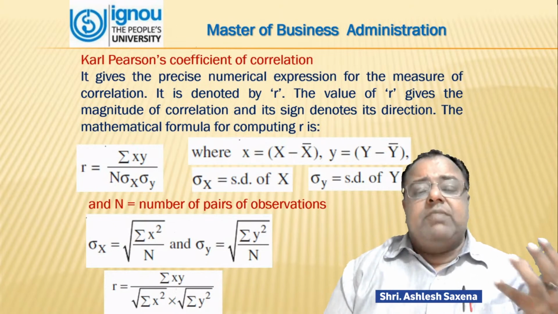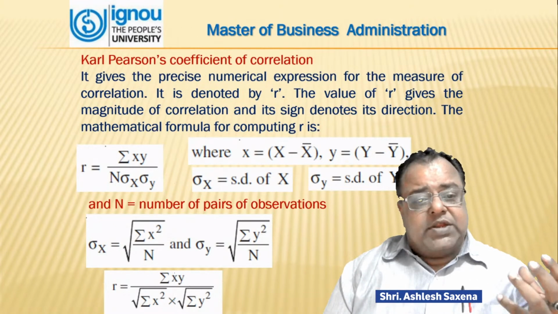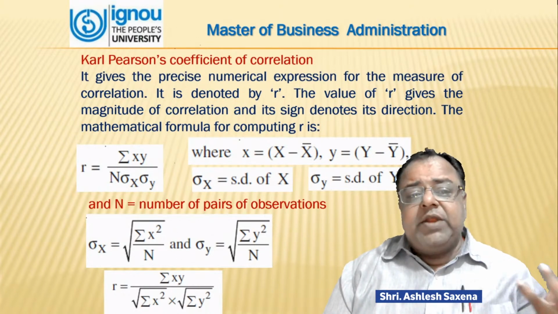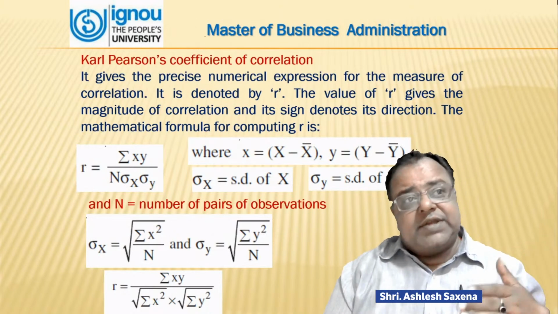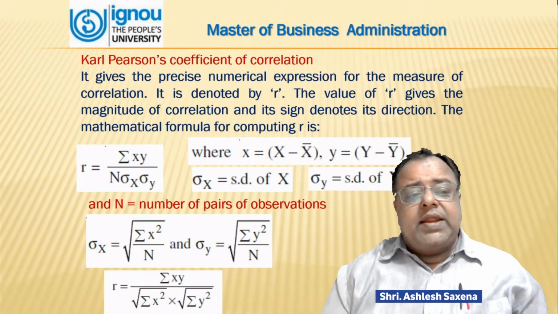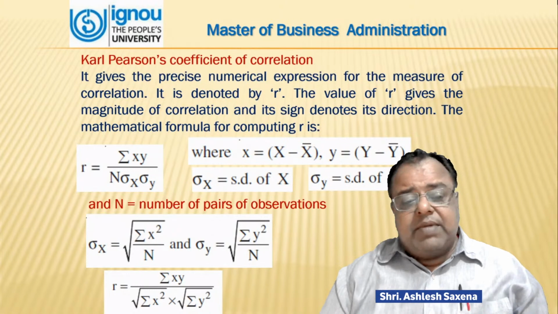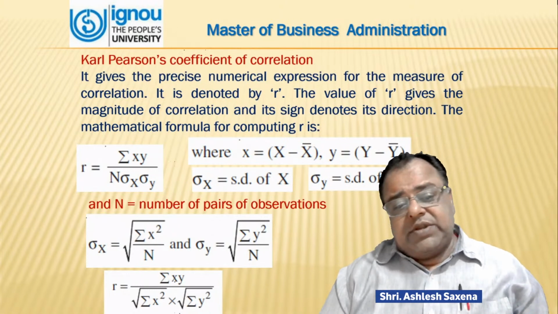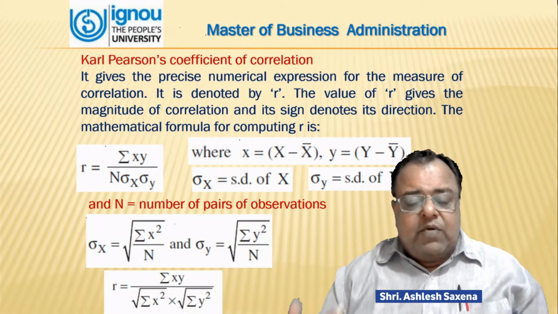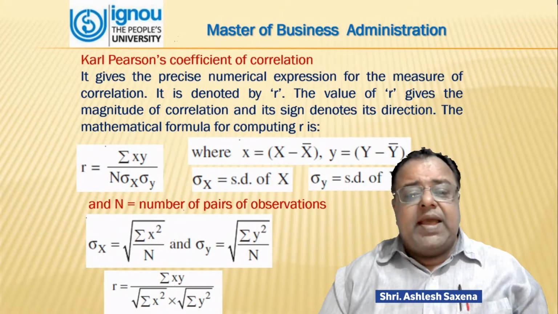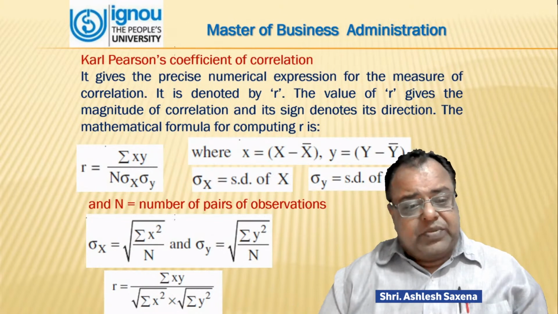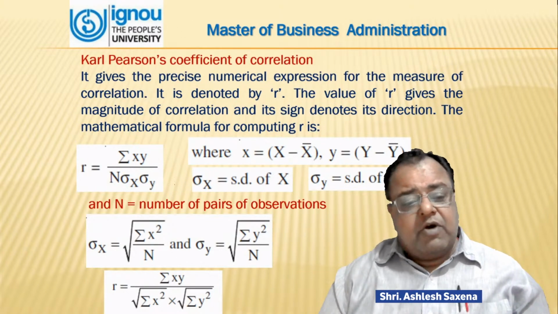It gives the precise numerical expression for the measure of correlation. It is denoted by small r, and the value of r gives the magnitude of correlation, and its sign denotes its direction. Plus sign going up, negative coming down. Mathematically, it is calculated as r equal to sigma xy upon N into sigma x sigma y, where x is equal to X minus X bar, y is equal to Y minus Y bar, sigma x is the standard deviation of X, and sigma y is the standard deviation of Y, where capital N is the number of pairs of observations.